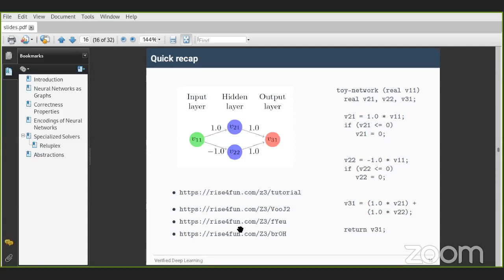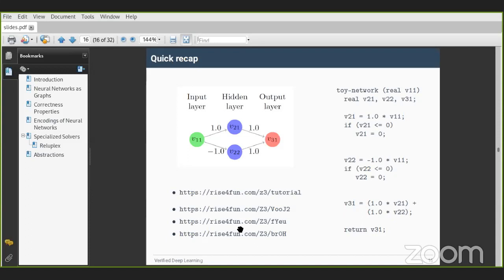Okay, so what were we doing? We're looking at this network. This one in particular had an input layer and an output layer with one neuron each, and a hidden layer with two neurons, and there were some weights. There were no biases here. And we know from what Hitat told us that biases don't add to the expressive power. What you can do with biases, you can do without biases, so this is not less expressive in any way.